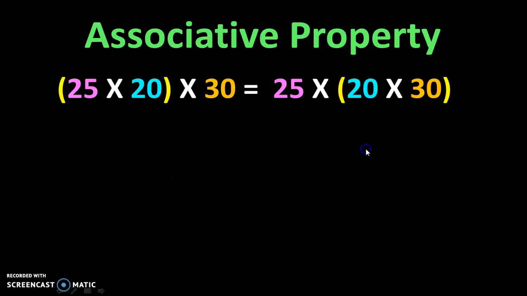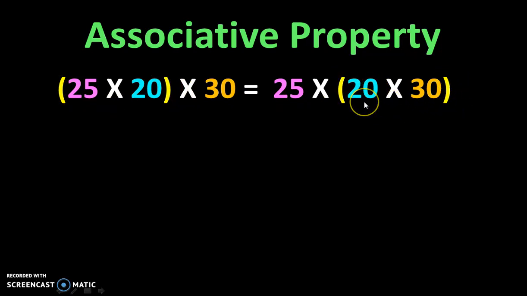Next one is the associative property. Here you have written 25 into 20 into 30. The same order I have written here also. But the only change is the changing of the bracket. Here I have put the bracket for 25 and 20, whereas on the right hand side it is changed to 20 and 30.